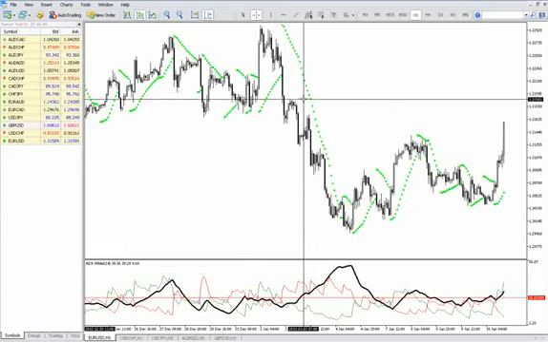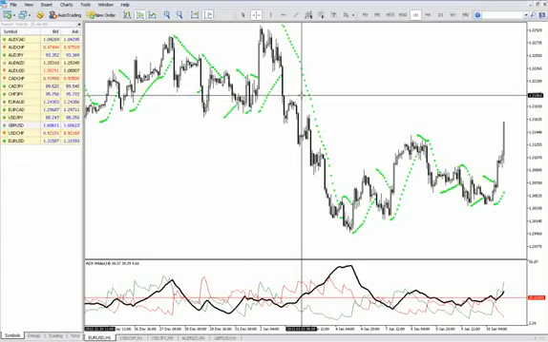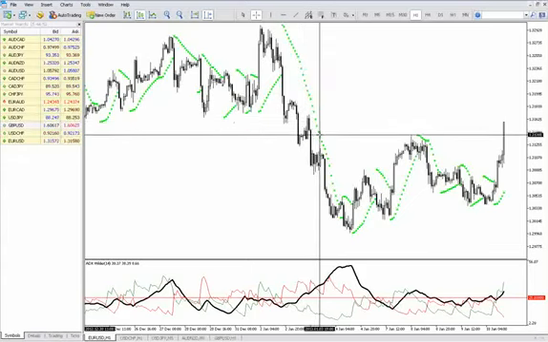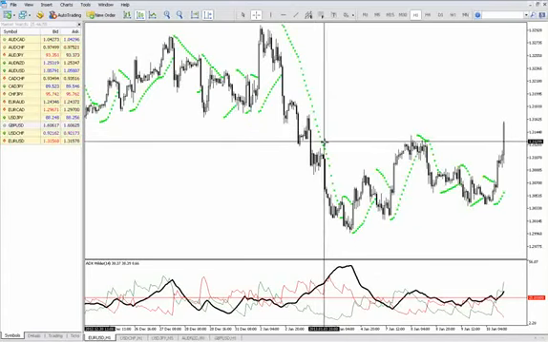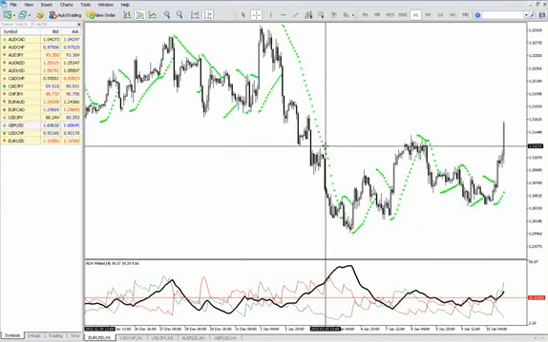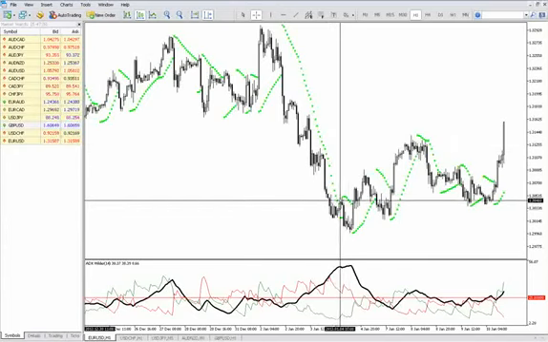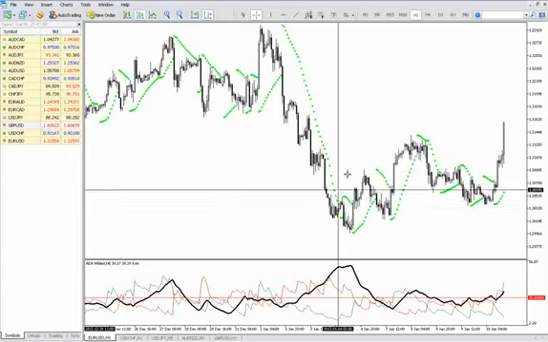So you give yourself just a few pips above the top of the swing, so you give yourself enough room to move. But if it doesn't meet that, you can just simply carry on moving the stop loss down as the market, as the trend moves downwards. You keep moving it down and down and down, and once it closes over the Parabolic SAR, which is here, you will close it, okay?